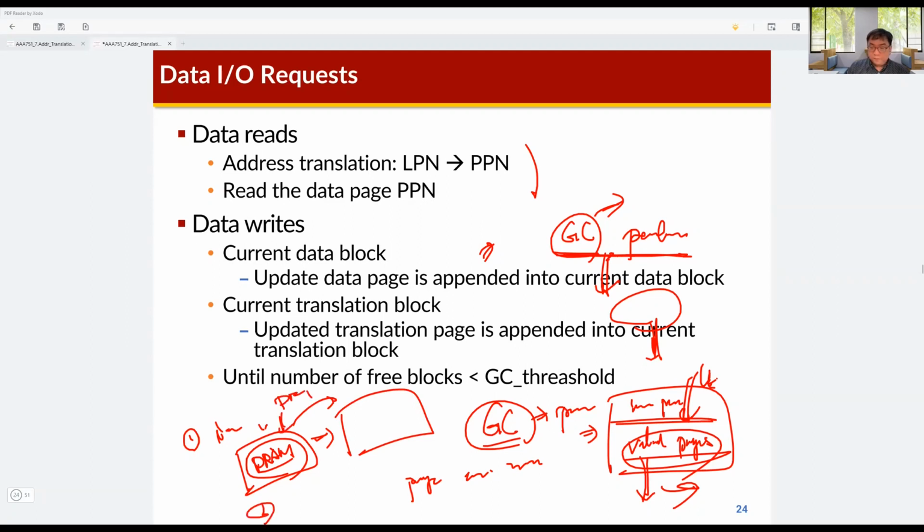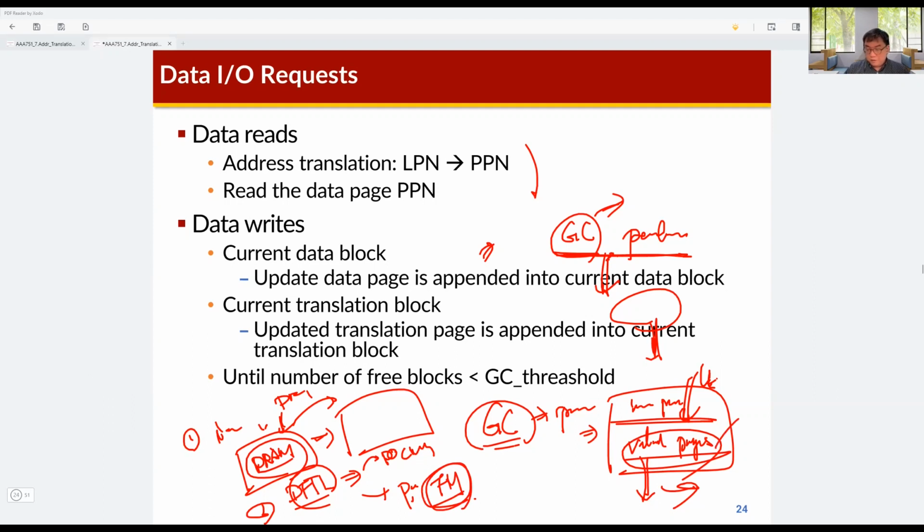But what is the problem for the Dftl? With the Dftl, this page mapping table can exist inside of the DRAM, like within the CMT, and the page translation information is also stored in flash memory.